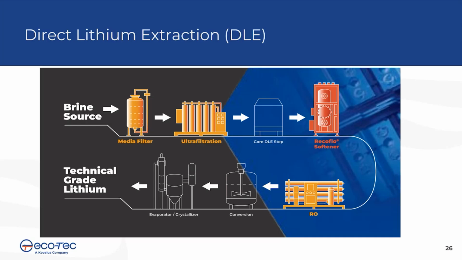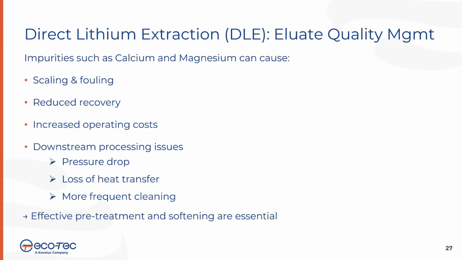With the flowsheet context in mind, let's focus on why eluate hardness management is critical. As concentration increases, the system becomes less forgiving. Even a small hardness that slips through into downstream unit operations can trigger scale formation. Calcium and magnesium are classic examples.